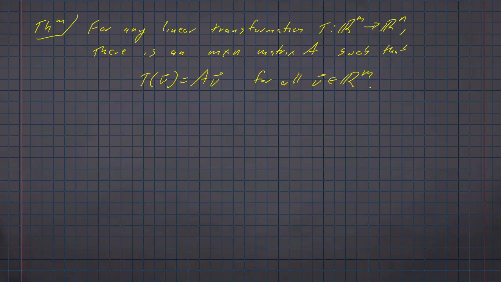Now that is powerful. We don't need to know explicitly how the transformation works on every vector. We can compact it all, and represent that as a matrix. Of course, that's actually still the same thing.